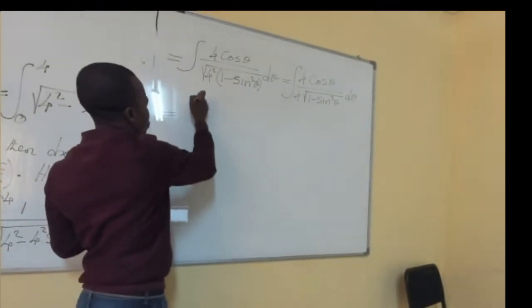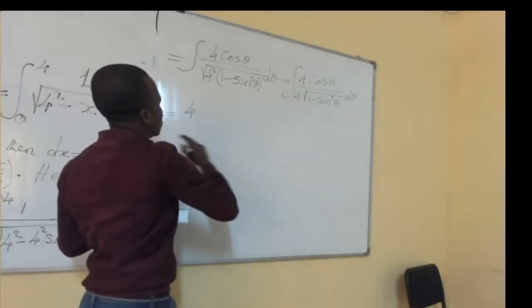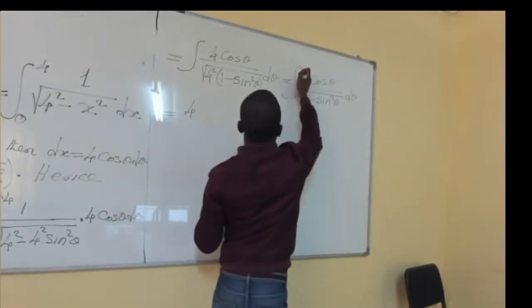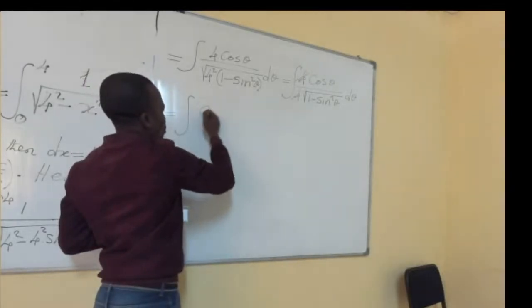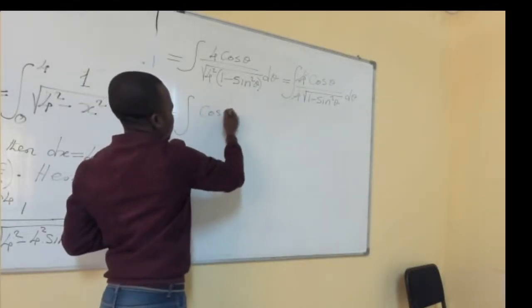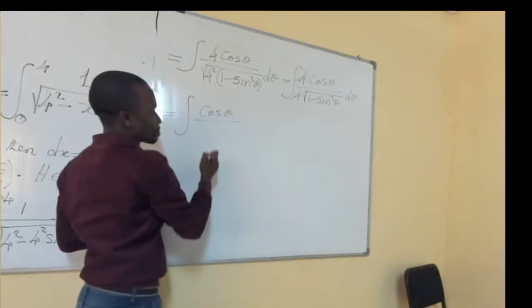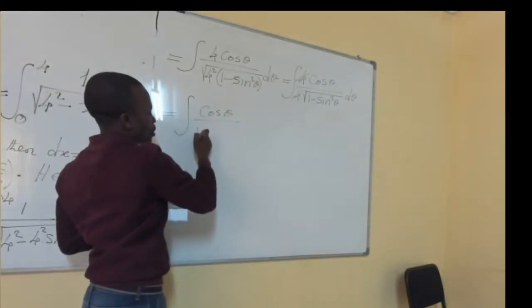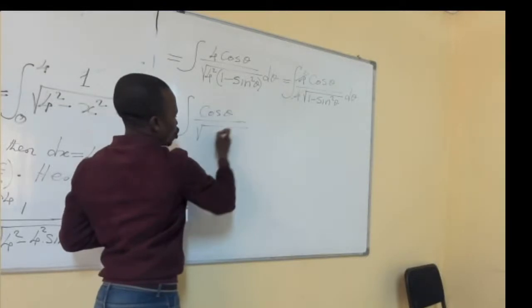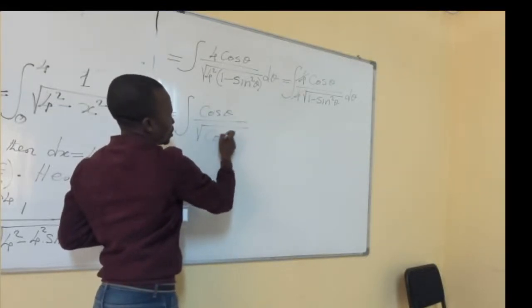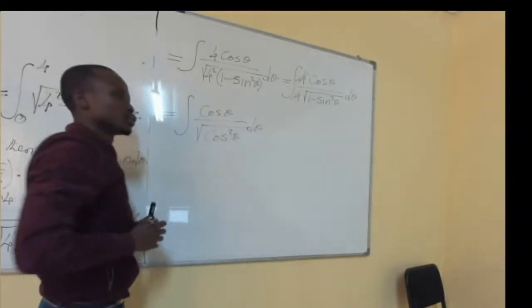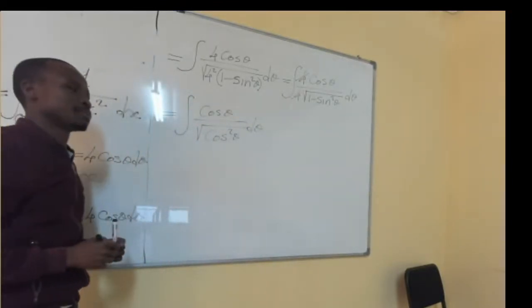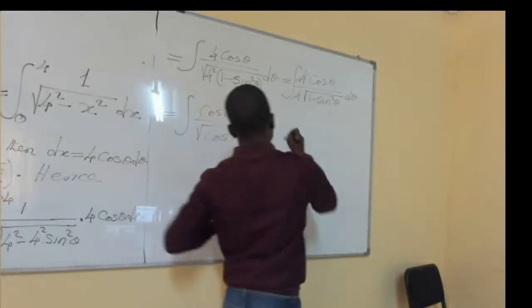Which is equal to, the 4 and 4 cancel, the integral of cos theta over the square root of cos squared of theta d theta, because 1 minus sine squared of theta is cos squared of theta.